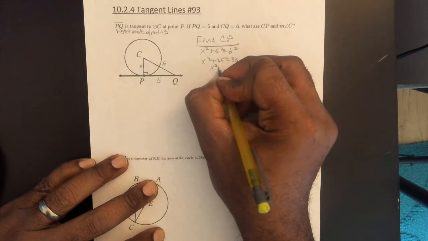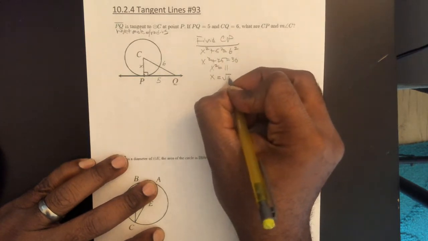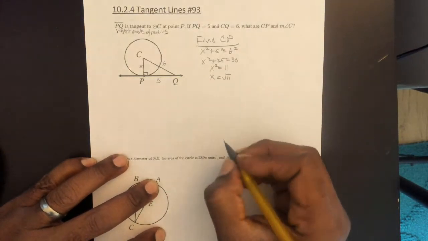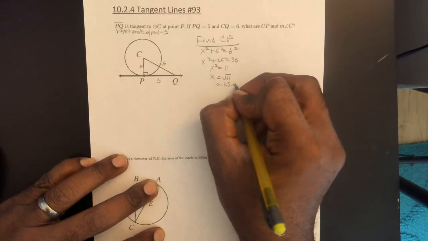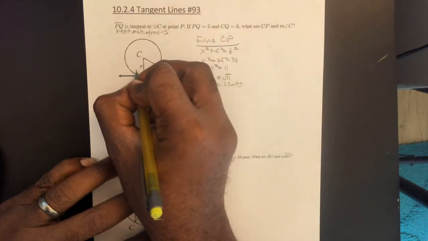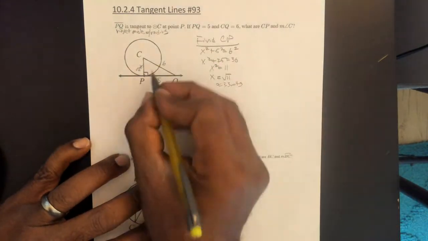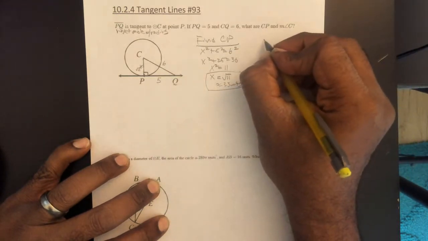When we subtract 25 from both sides, x squared is equal to 11, which means x equals square root 11. We know that's about 3.3 units. So this length right here is the square root of 11. We found CP.